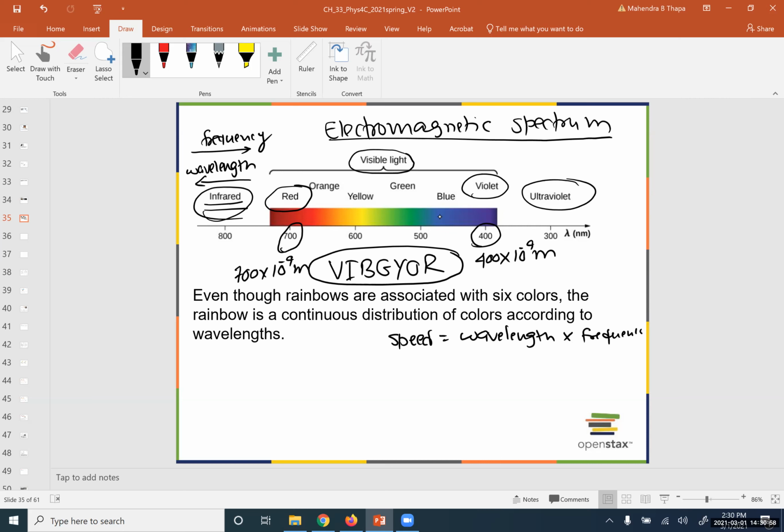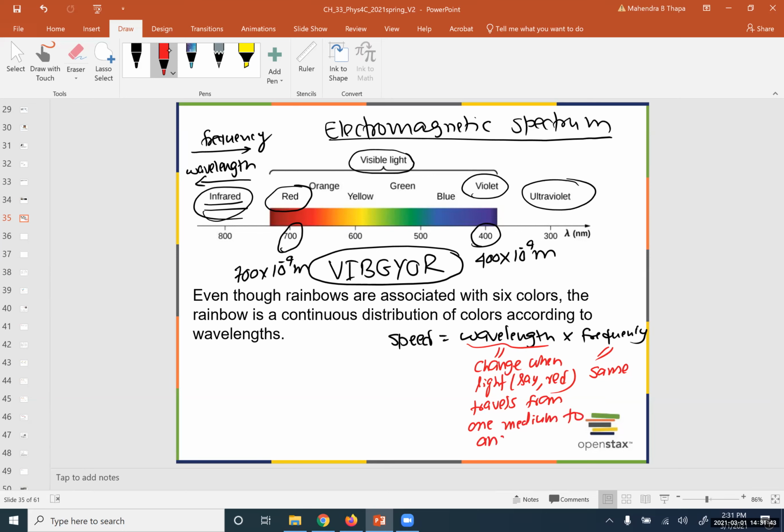The frequency will be the same every time if it moves from one medium to another medium, but this lambda will change when light, say for example red light, travels from one medium to another medium.